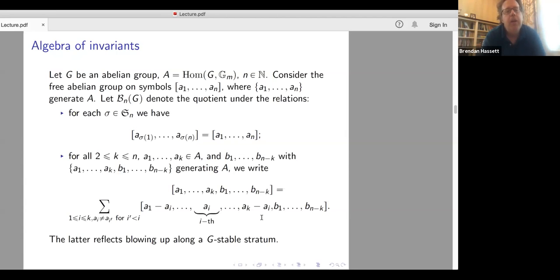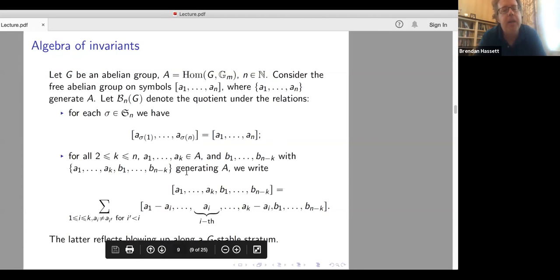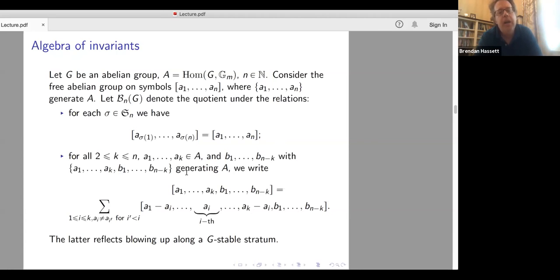This is how I'm trying to do this with this somewhat complicated identity. Essentially this is saying that if I blow up a stratum of codimension k, where k goes from 2 to n, I need to do some bookkeeping in terms of what the fixed points upstairs are, in terms of the weights on the normal bundle downstairs.